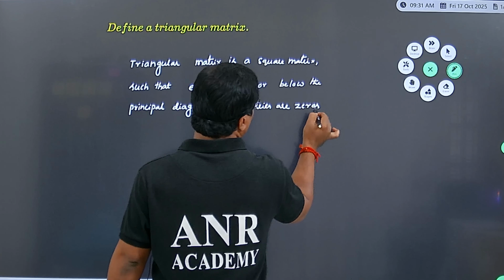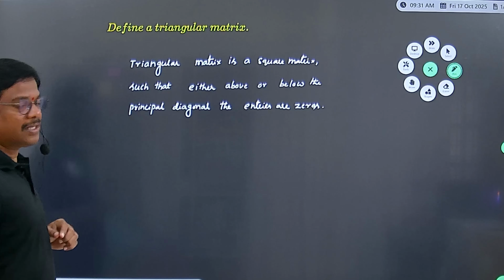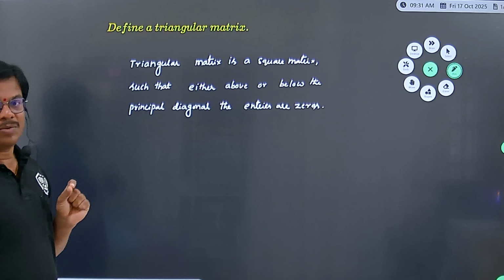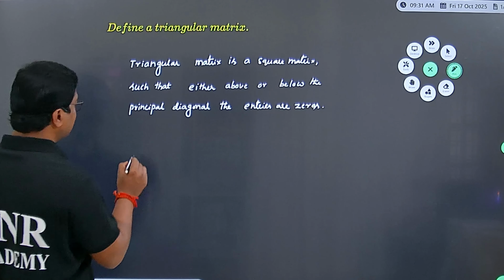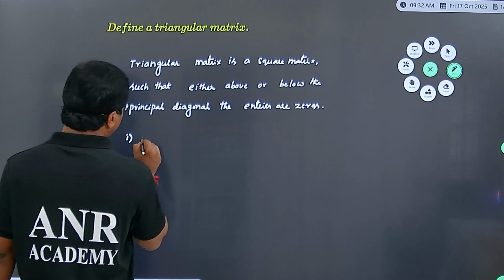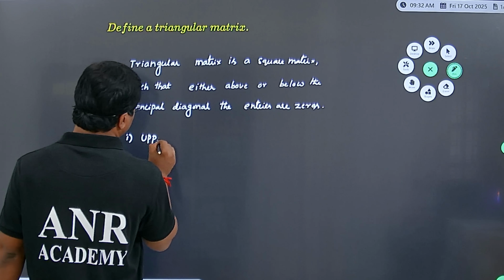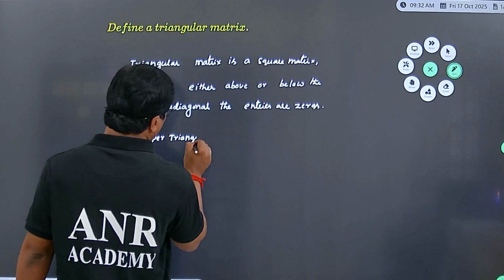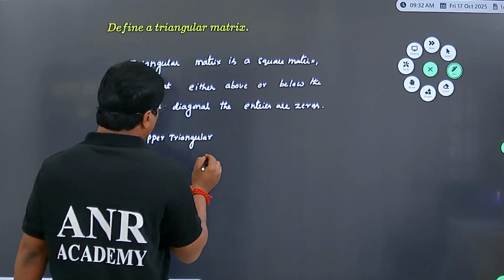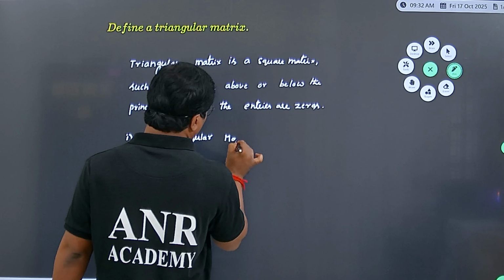This is the definition of triangular matrix, and it is divided into upper triangular matrix as well as lower triangular matrix. Let us define upper triangular matrix first. And then we go for lower triangular matrix.